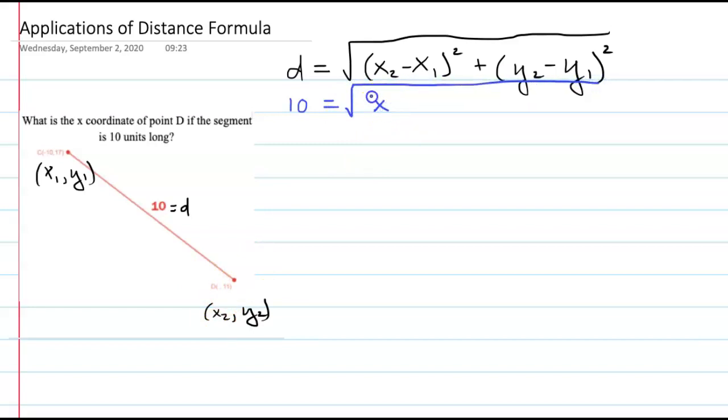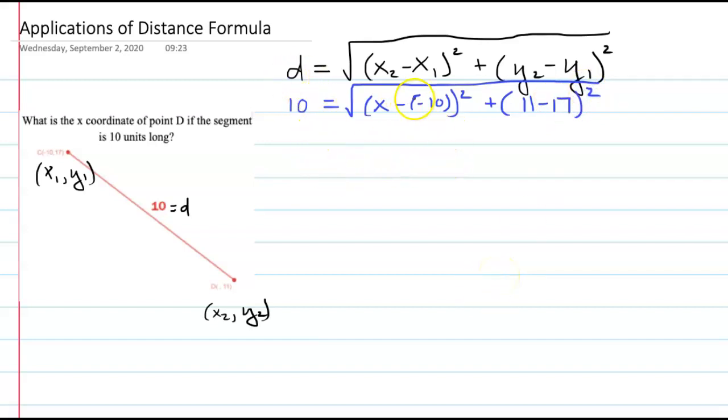So we've got x minus x1, which is negative 10, plus y2, which is 11, minus y1, which is 17, squared.